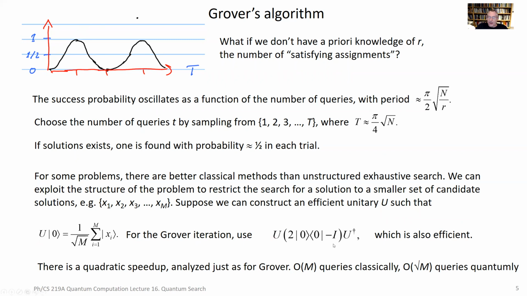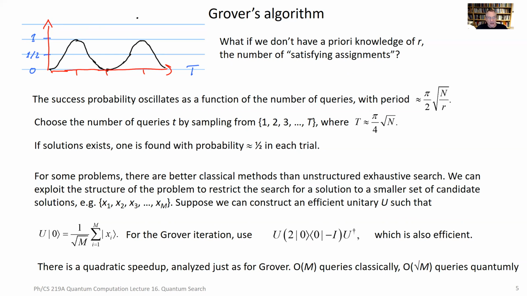I would conjugate it by U, and then I can do the analysis the same way we did it before, considering the angle between this state and the marked state, and then the way the angle is changed when we do the Grover iteration using this unitary ourselves as well as the query. The analysis goes through just the same way.